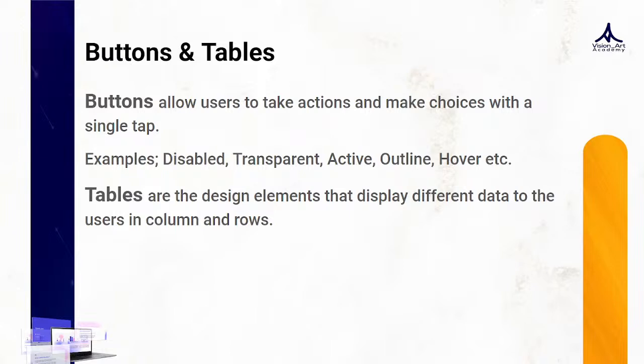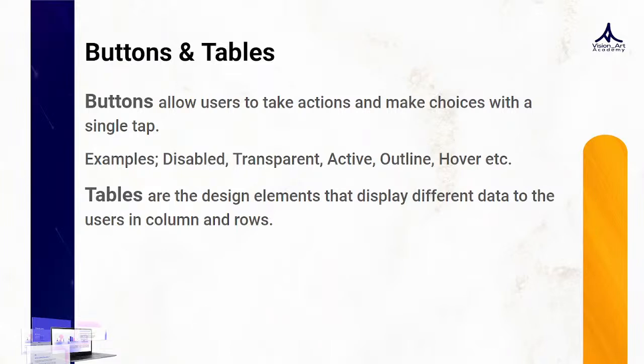Examples of buttons we have are disabled buttons. Disabled buttons are buttons that, when you are filling a particular form and you haven't completed it, or required questions you haven't answered, will be in a disabled form. That means it isn't clickable yet, right?